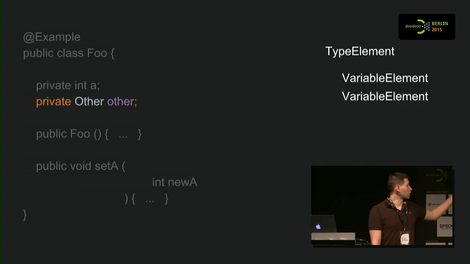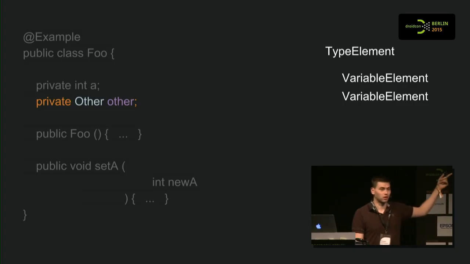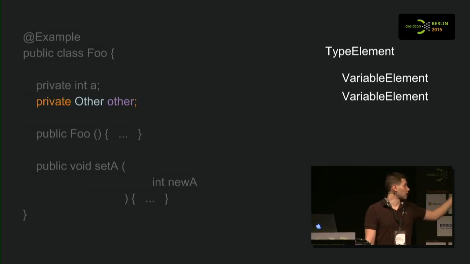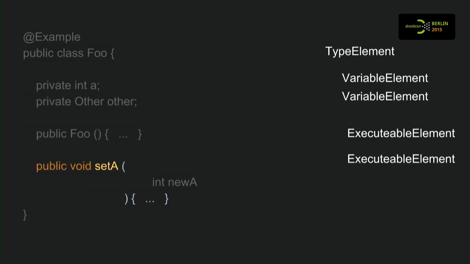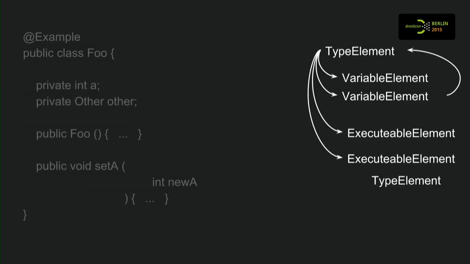The same for others, so there's no difference between primitives or classes. It's a variable element. Then we have an executable element like the constructor. And a method is an executable element as well. This parameter of this method is a type element because it's referring to a type. And what you can do is iterate over this. So the type element, the root element, can iterate over its children, and it also works the other way around.